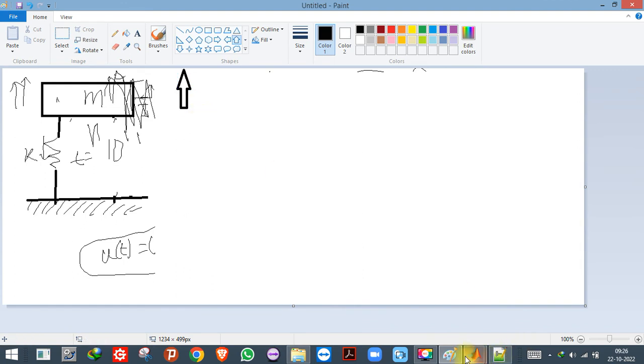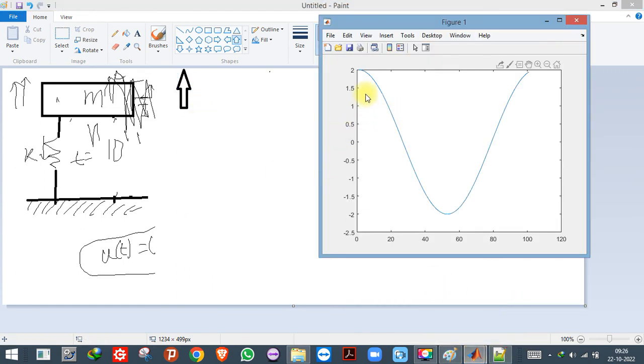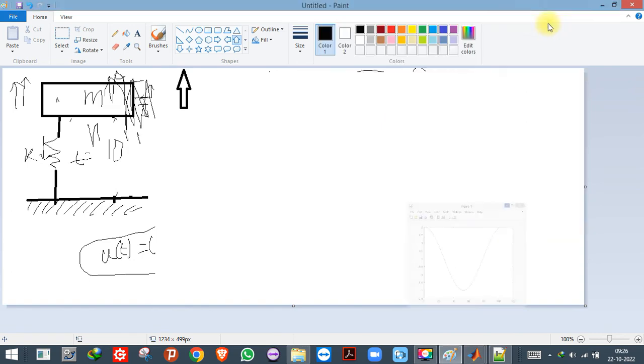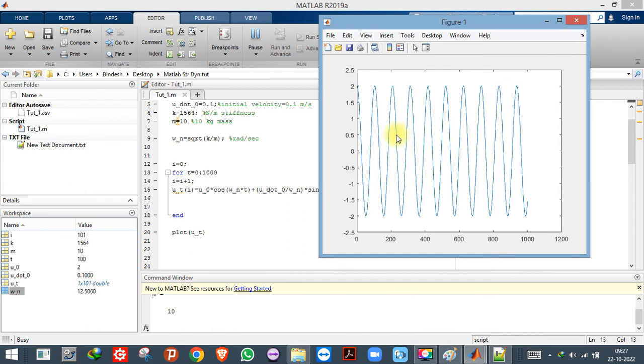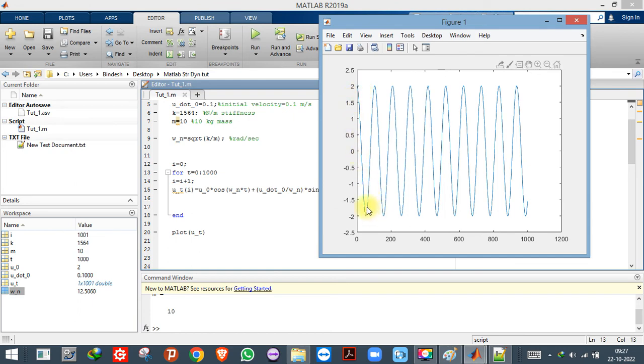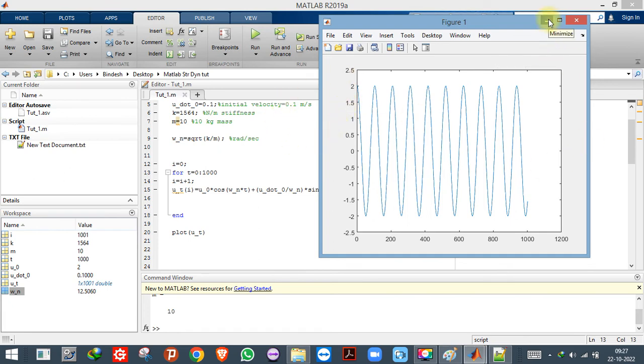So this represents only that it has gone up. Now if I increase it to a 1000 time period, I am checking it for 1000 seconds, you will see that yes, now it is going up and down, up and down, up and down. So now I need to find out the time period, like in 1 second how many cycles it can perform.